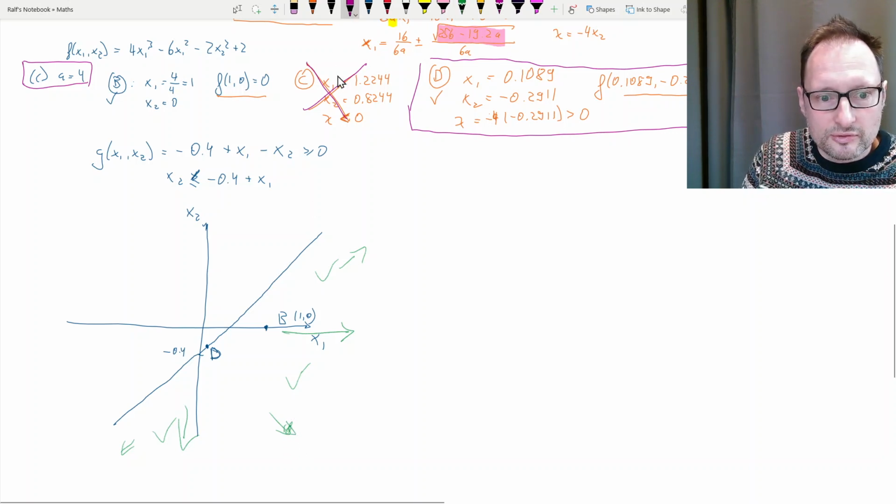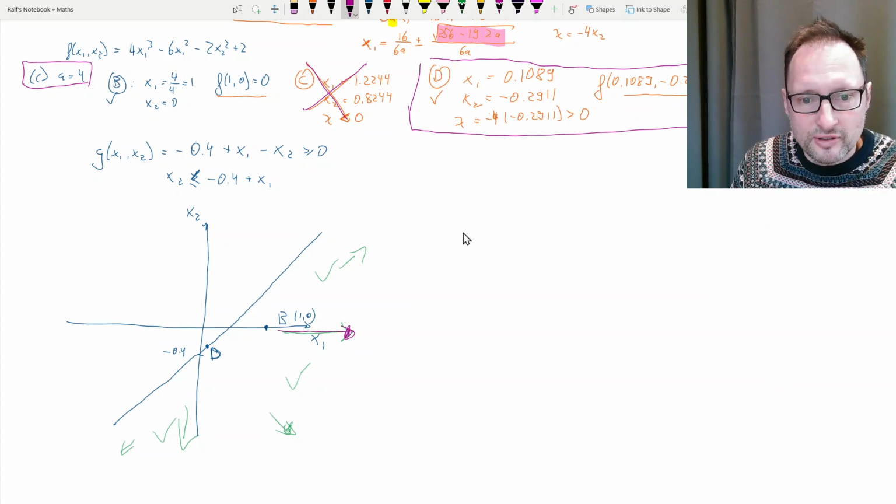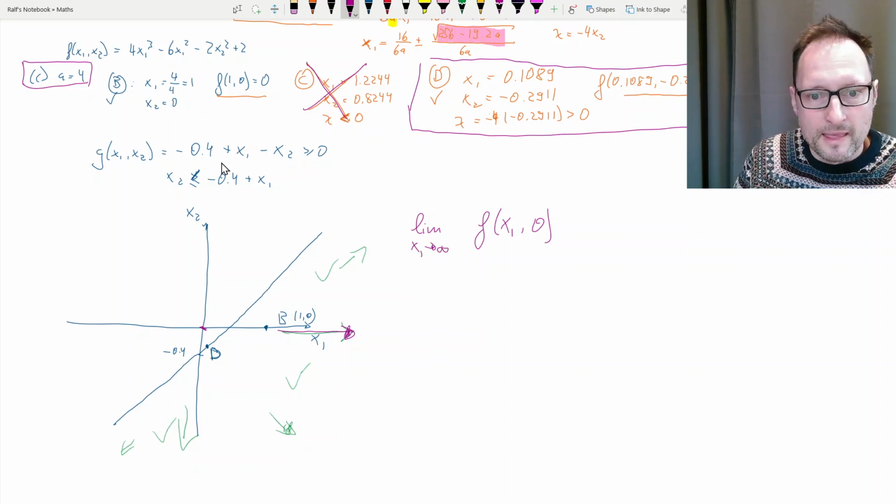So let me do this in purple. Let's start with this direction here, because that's a nice partial function. That is the partial function where we allow x1 to go large, but we set x2 equal to 0, okay, if we are going along this axis. And what we are basically asking is, what is the limit of that function as x1 goes to infinity? So we have our function here.